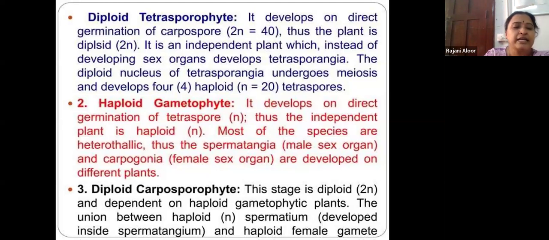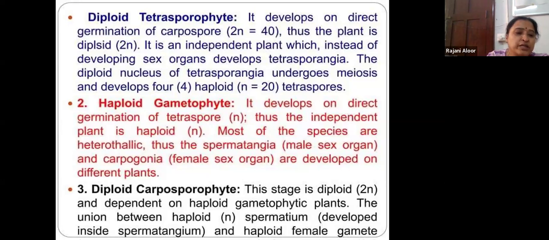It is an independent plant which, instead of developing sex organs, develops tetrasporangia. This one is the independent plant, the diploid tetrasporophyte.